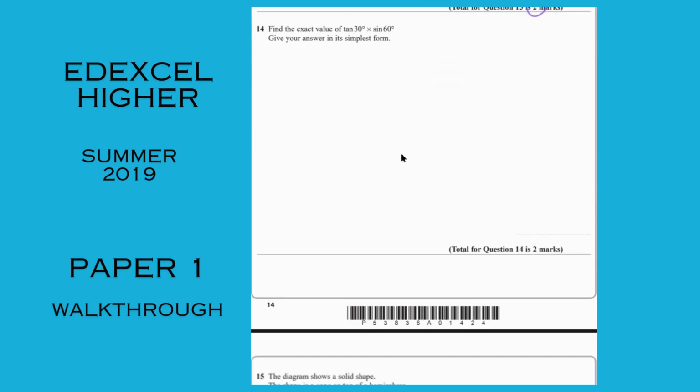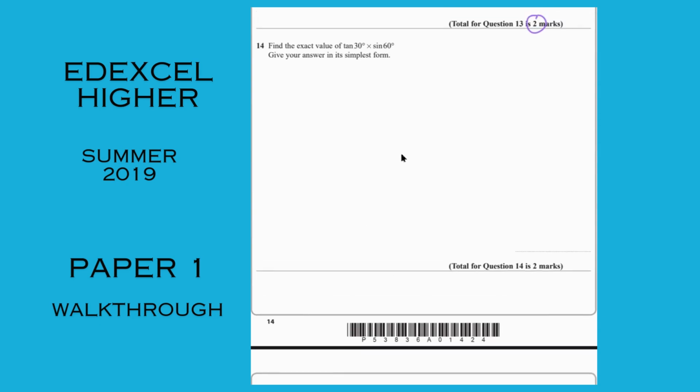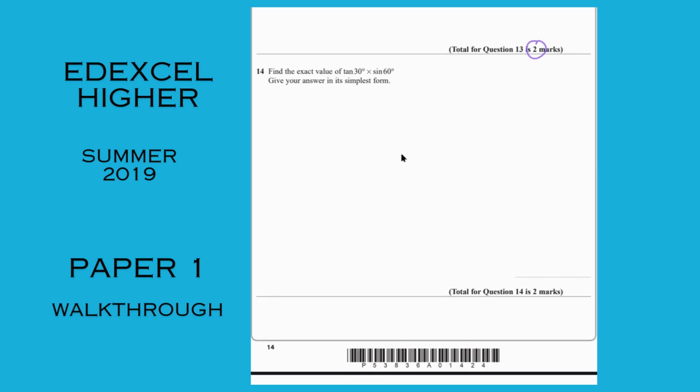Number 14, good old non-calc trig values. So sine 30 is the one everyone knows, that's a half, so these are not the easy ones. You've got to learn them, folks. Learn that little table. I'm sure your teachers nagged you. Tan of 30, there's two ways of writing it. The easiest being root 3 over 3.